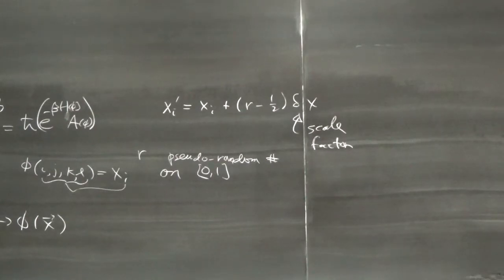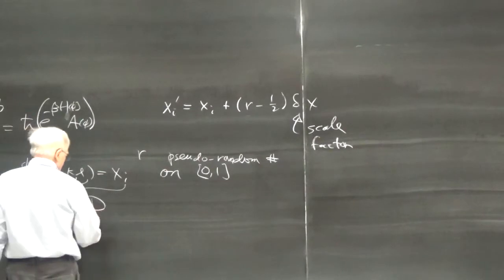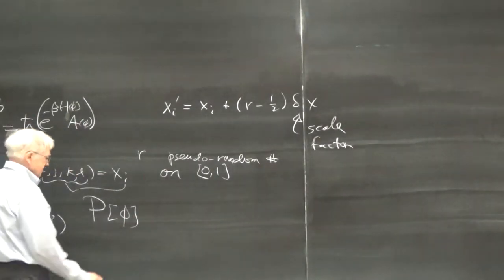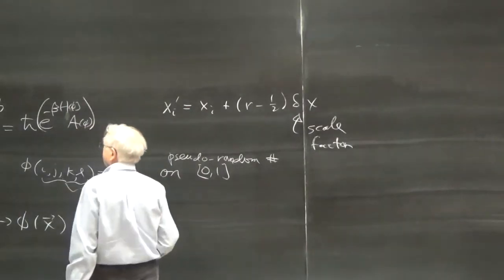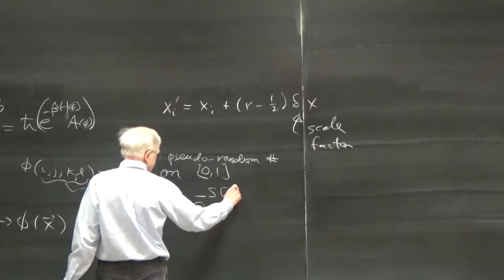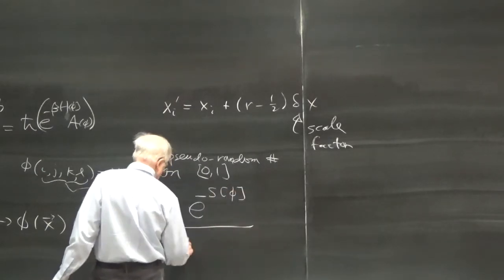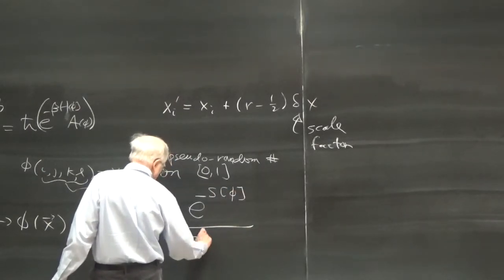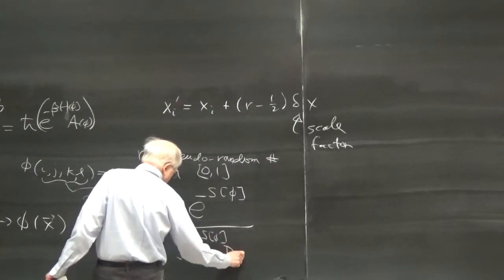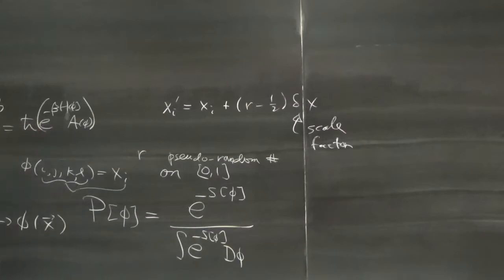And what you're trying to do here, you see, is you have a probability distribution. The probability distribution of the field is e to the minus S of the field divided by the path integral over all fields, which is just this denominator.